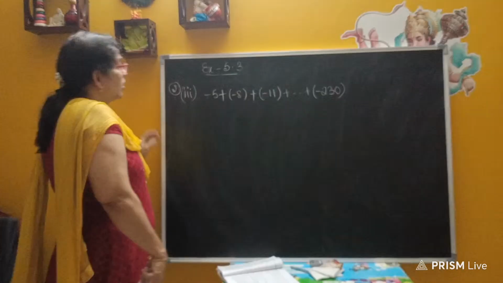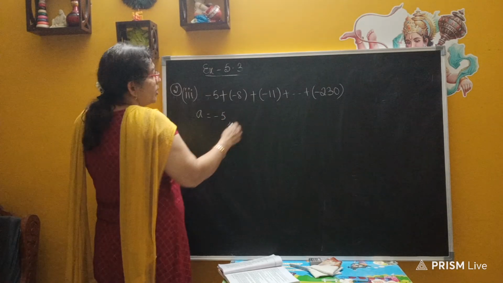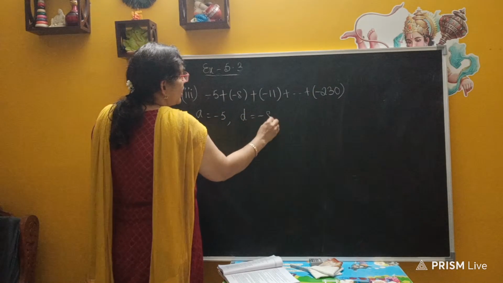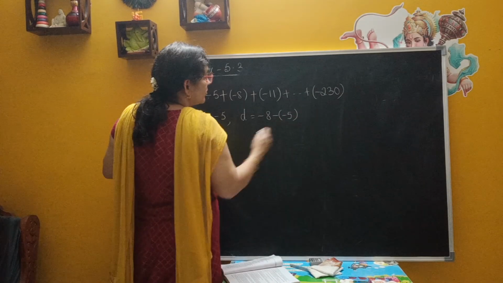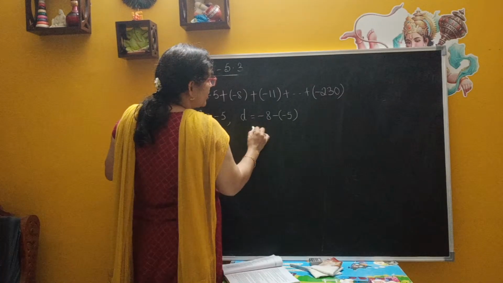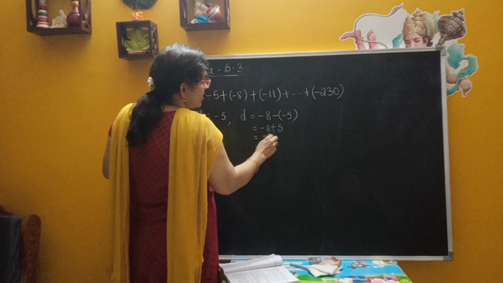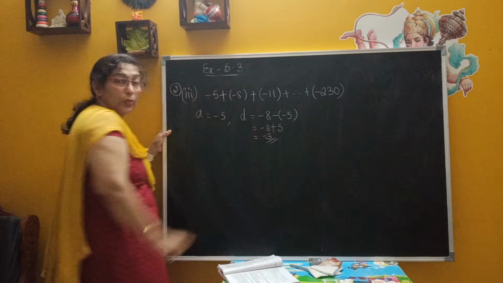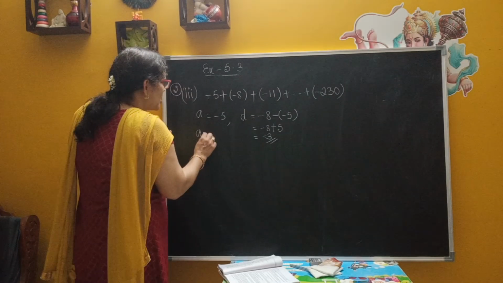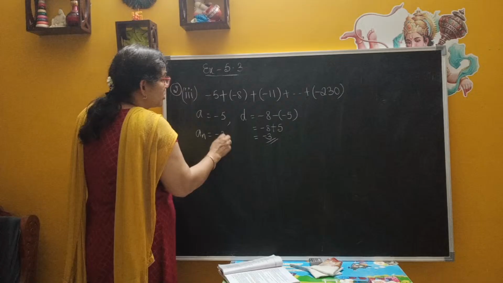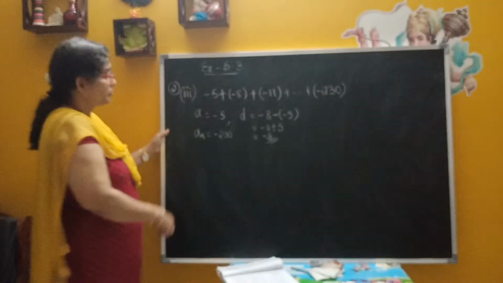So here A is equal to minus 5, D is equal to minus 8 minus of minus 5. So answer how much? It is minus 8 plus 5, minus 3. See, we got a negative common difference. And An is equal to how much? Minus 230. Nth term is minus 230.